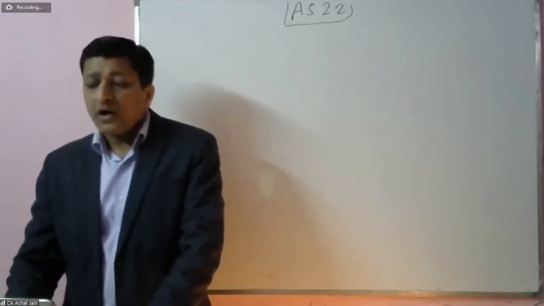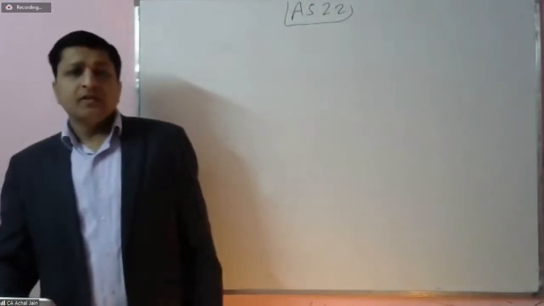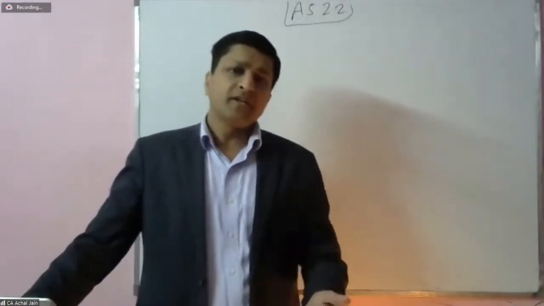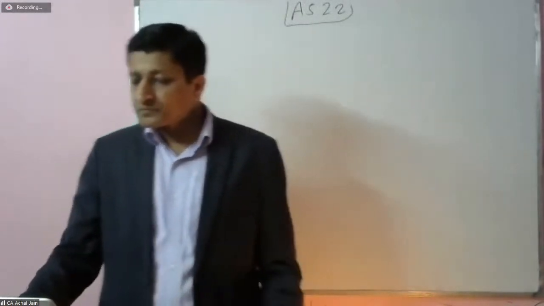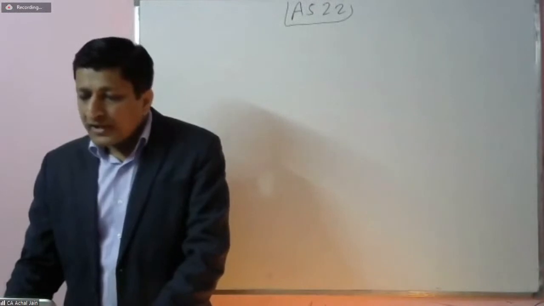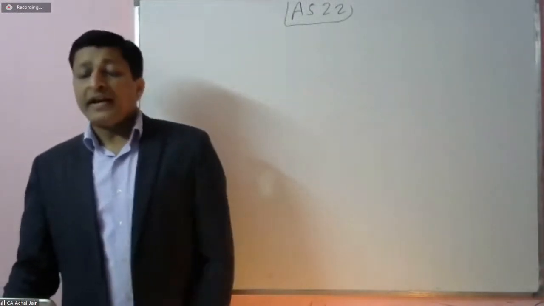Gunjan is asking, sir, how do we get to know that we have to compute this? See, this will depend on the requirement of the question and the weightage of the question. Madhuri is asking, sir, we have already included that 140 in 540. Why are we writing this again?